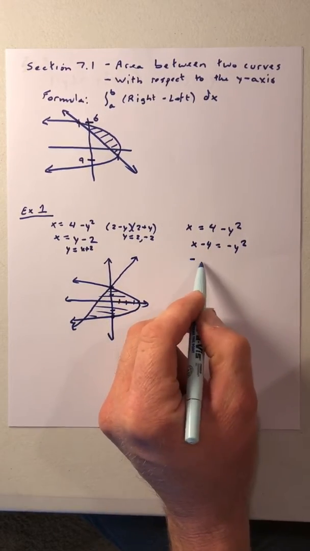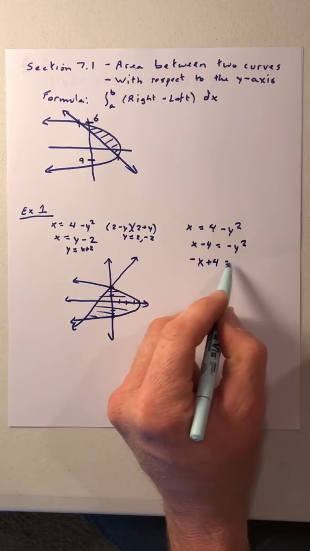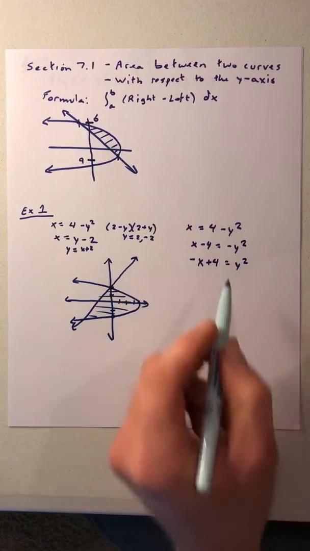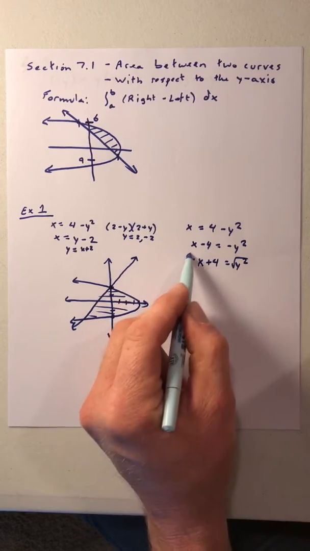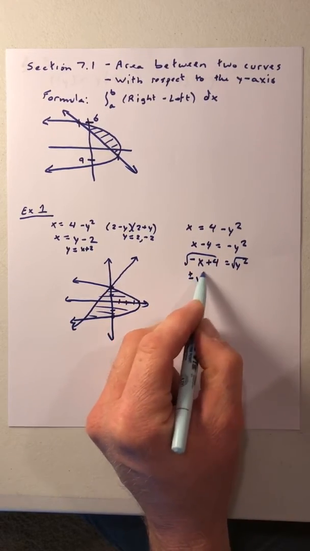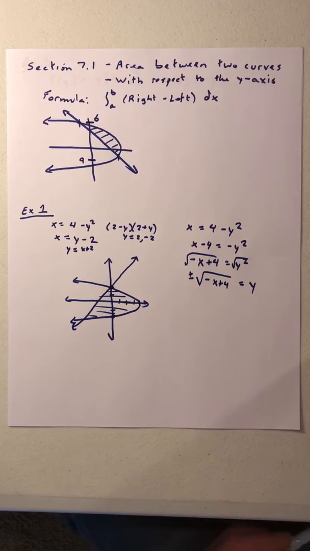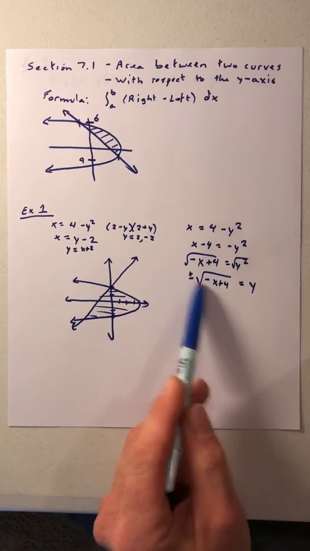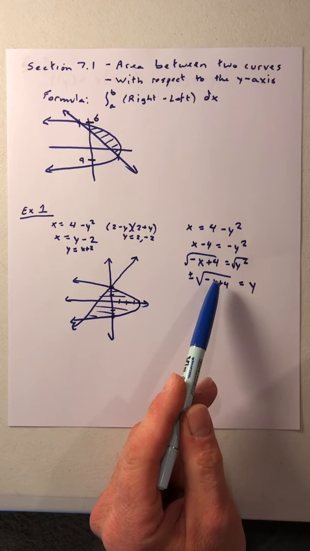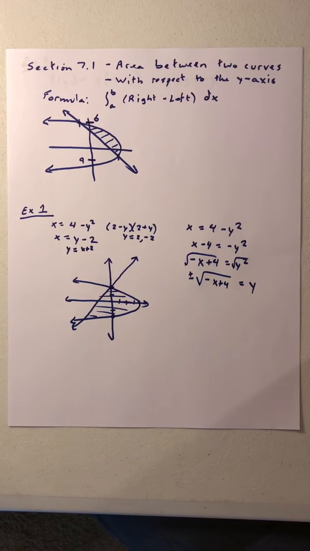Multiply my negative through, I get negative x plus 4 equals y squared. And I'm going to take the square root of both sides. So now I have y equals plus or minus the square root of negative x plus 4. Now we're going to be integrating a radical, which substitution might help us. Otherwise, we'd have to come up with another means.